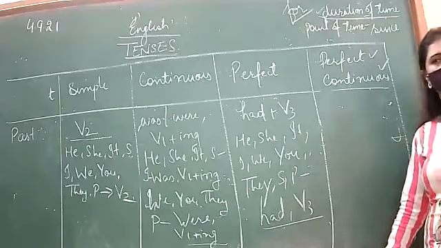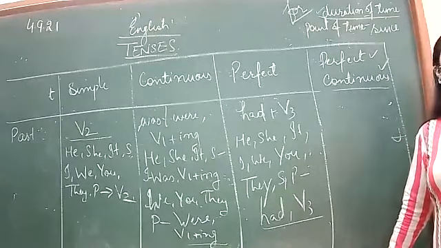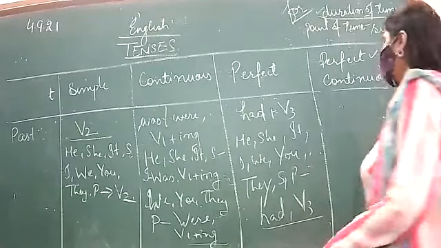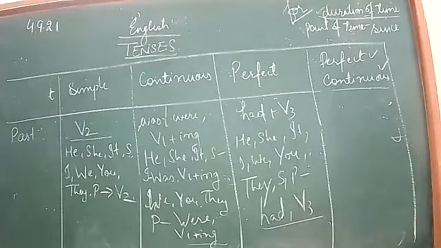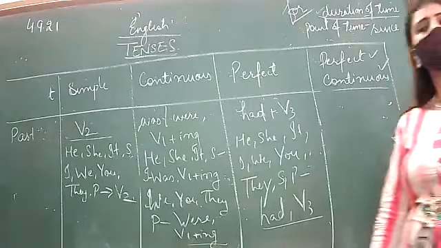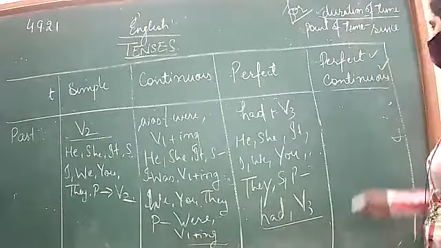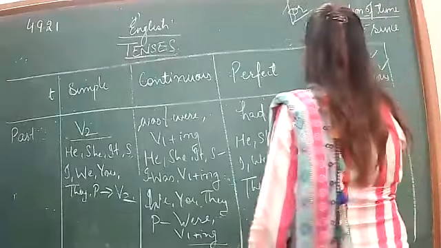Okay. Next we are having perfect continuous tense. Means it started in past, but it was continuing also. Okay. For example, they had been living in Calcutta for many years. It means that they were living in past, but this action was in continuation in the past also. What you are using?